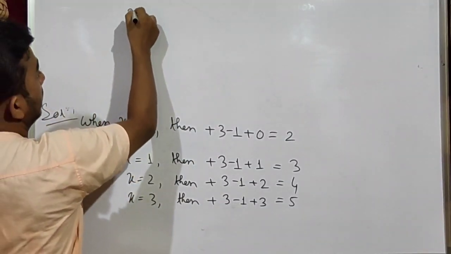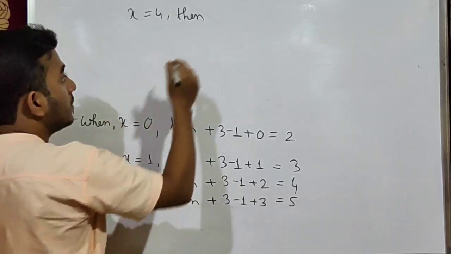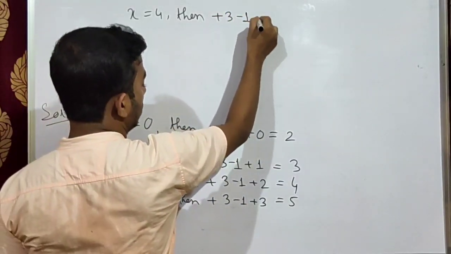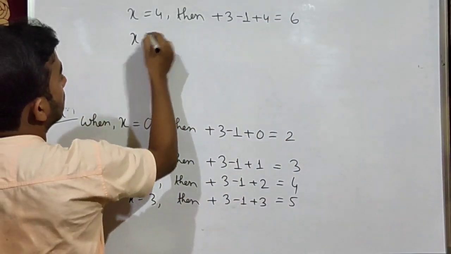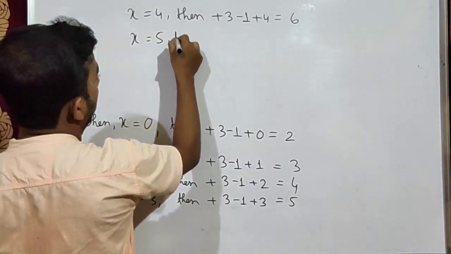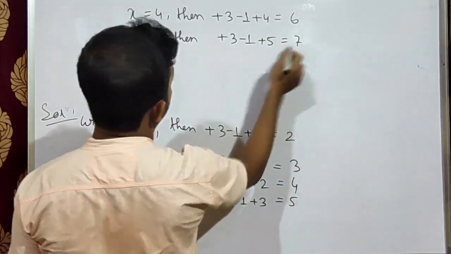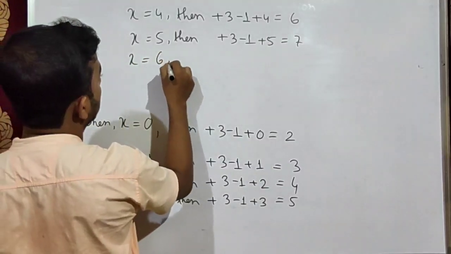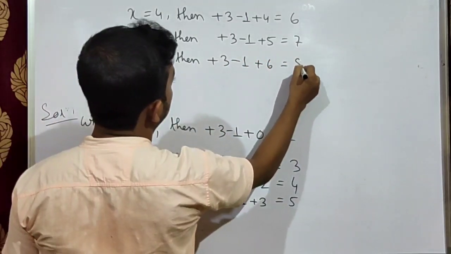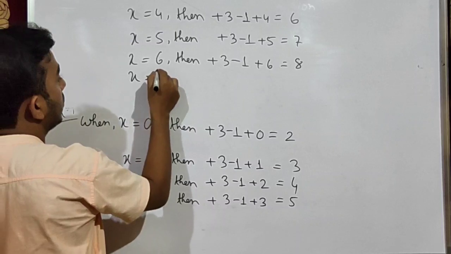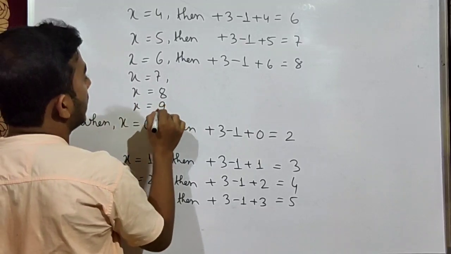Now when x equals 4, then 3 plus 3 minus 1 plus 4 equals 6. x equals 5, then 3 plus 3 minus 1 plus 5 equals 7. x equals 6, then 3 plus 3 minus 1 plus 6 equals 8. x equals 7, x equals 8, x equals 9.